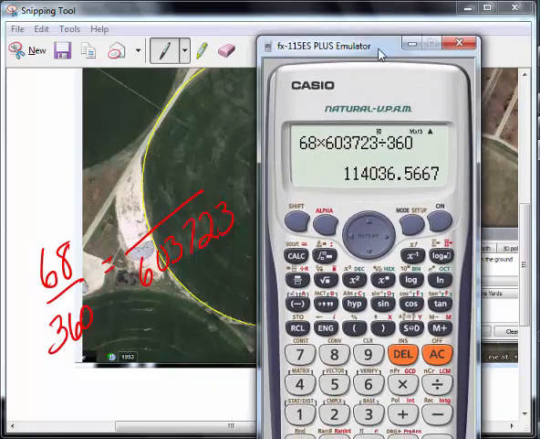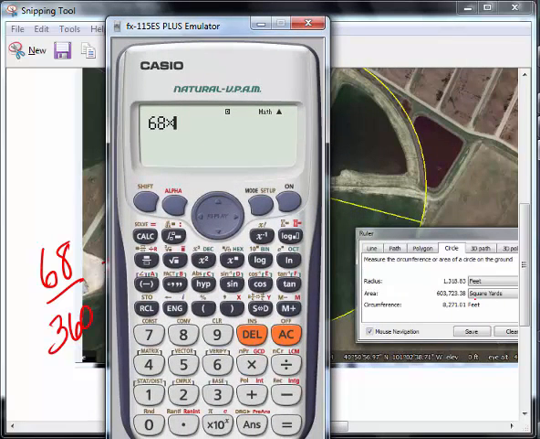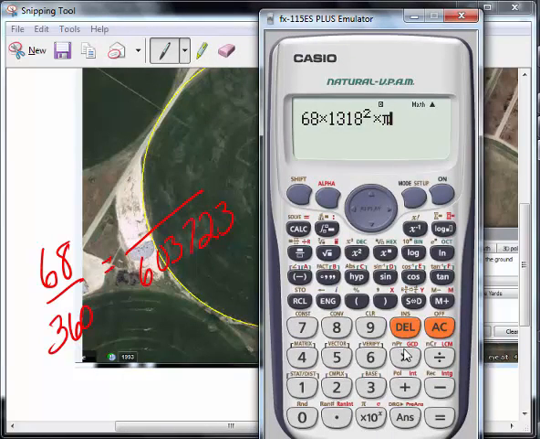Now if we did it as a circle, we would take the 68 times, in feet, since we know the radius is 1318 squared times pi, and then divide that by 360, and we'll get the area as 1,030,830 square feet. So you can do it either way.